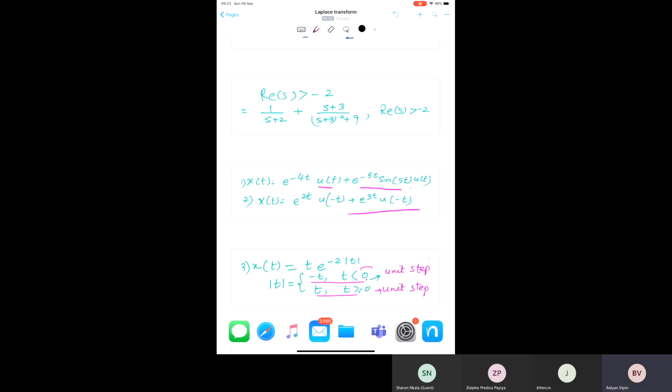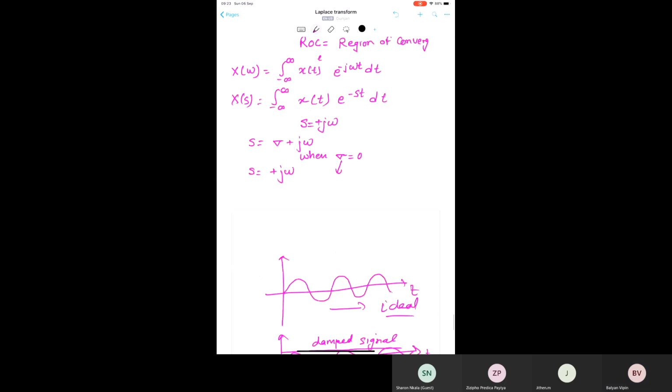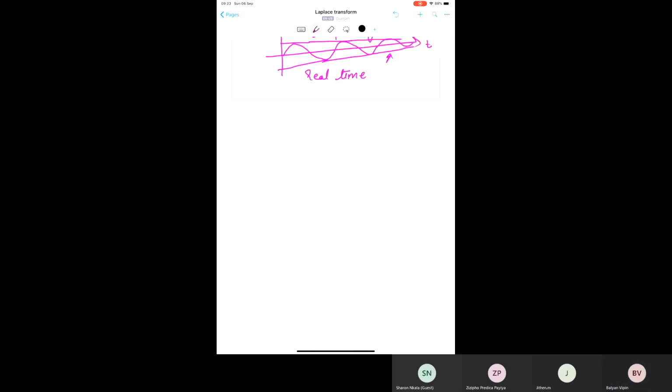So if I start with, let's say, this as x1(t) equals e raised to the power minus 4t u(t), and I have to find the Laplace transform of this, then X(s) will be equal to, if I use the formula, this.